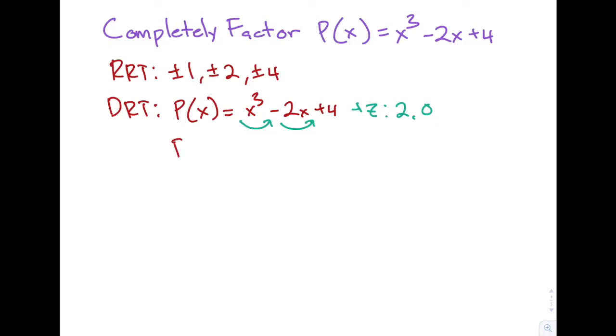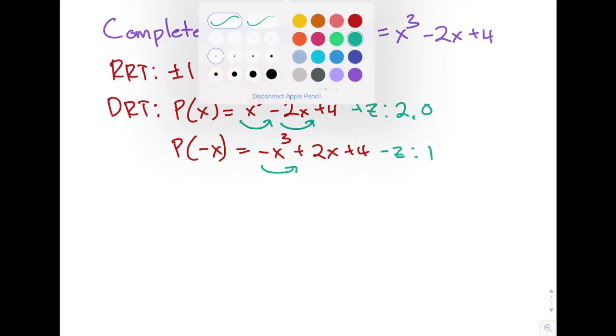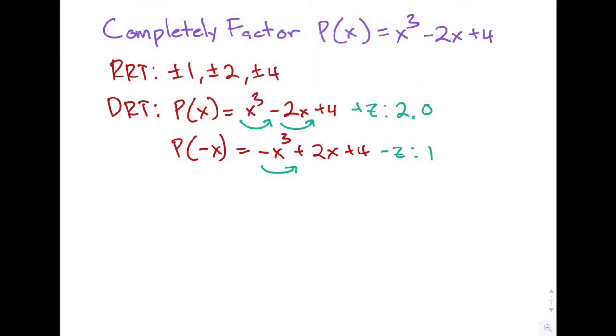When we look at p of negative x, we have negative x cubed plus 2x plus 4, and in this case we just have one sign change. So for negative real zeros, we might have 1. Altogether, we have 2 or 0 positive real zeros, or 1 negative real zero.